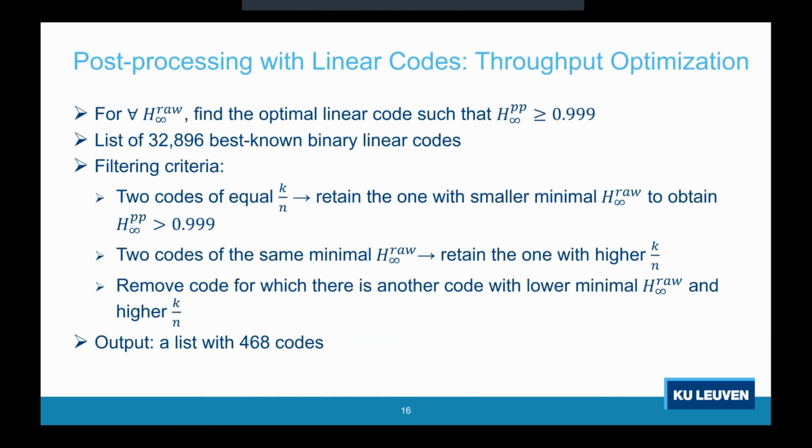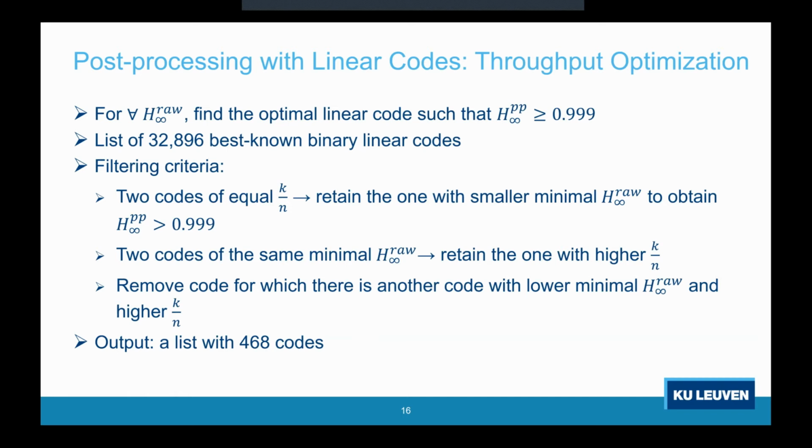So, to optimize the throughput of the TRO-TDC TRNG, we need to properly select the generator matrix of the linear code such that the mean entropy of the post-processed bit is higher than 0.999 and also achieves the highest possible throughput.